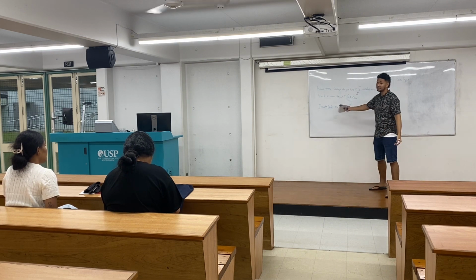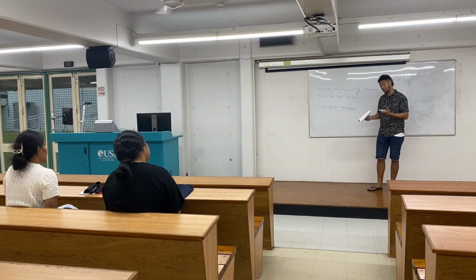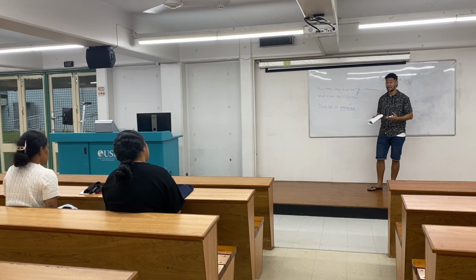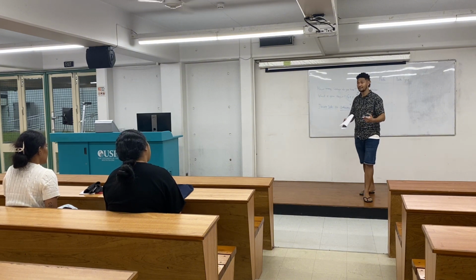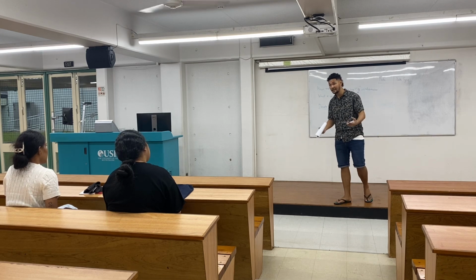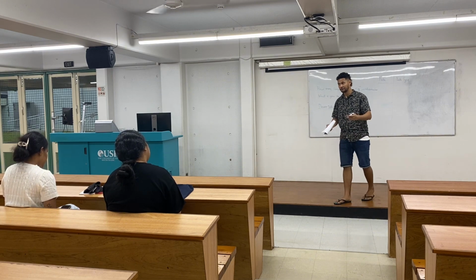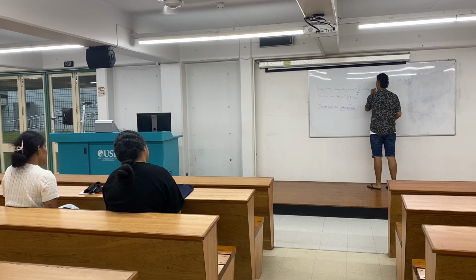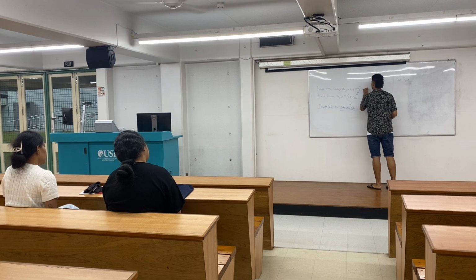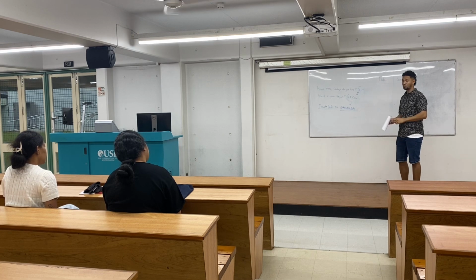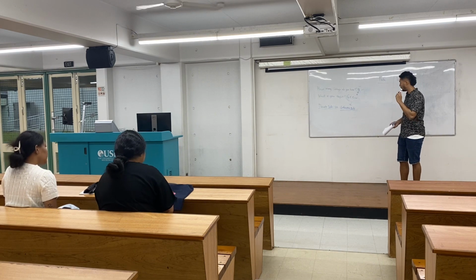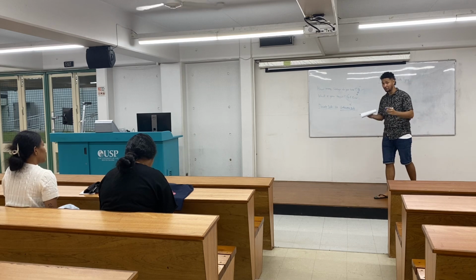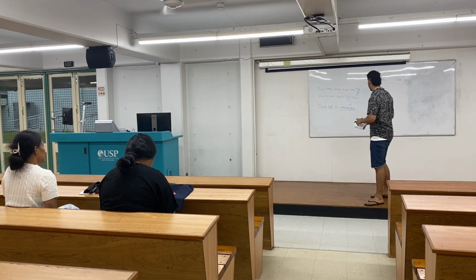Examples for discrete data: the number of siblings, the number of people in the class. We can count them. From those examples, I hope you understand the two concepts and are able to differentiate them.